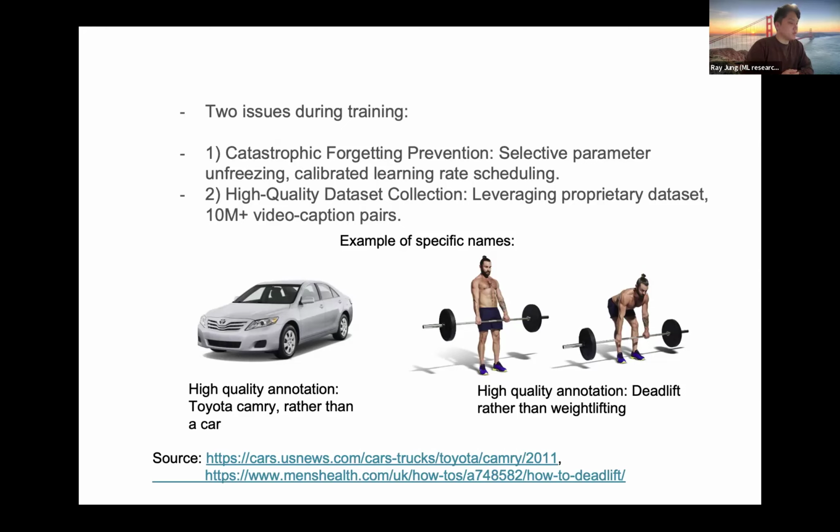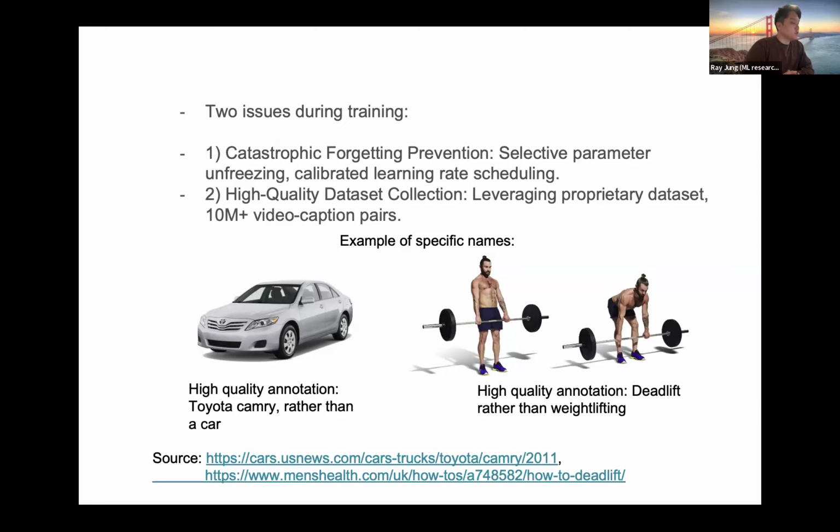Unlike the plethora of image caption pairs, like those in the LAION dataset, high-quality video caption datasets are scarce. To overcome this, we've utilized our proprietary dataset comprising over 10 million high-quality video caption pairs.